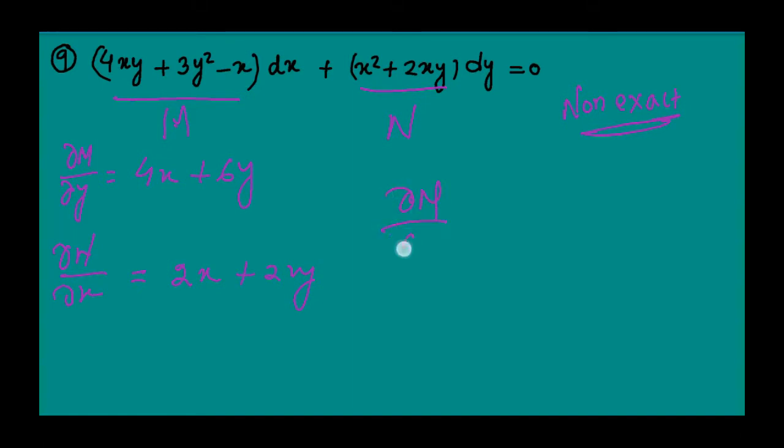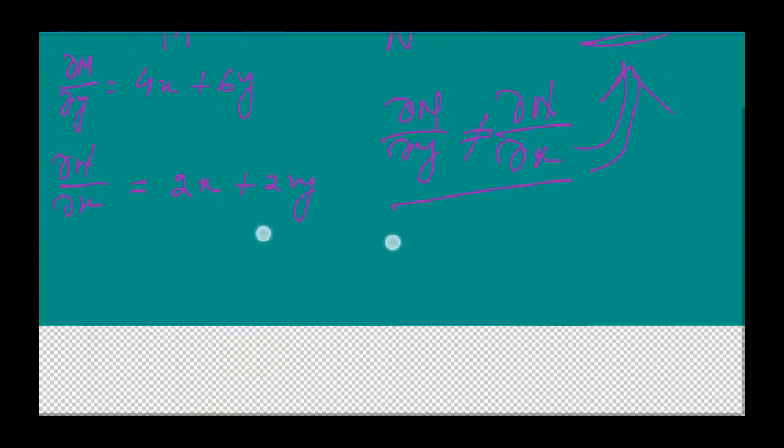Del m by del y is not equal to del n by del x. So this is non-exact. So we need to multiply an integrating factor on both sides to make it exact, and then we can solve by the exact method.